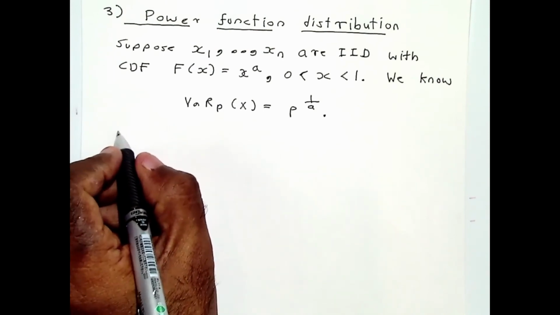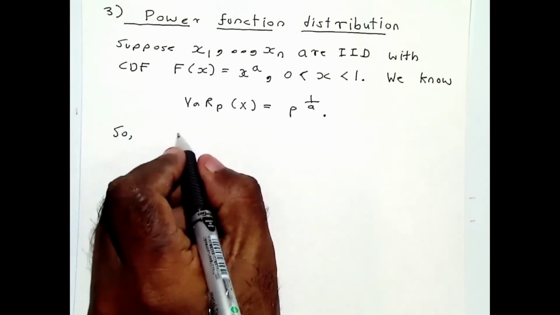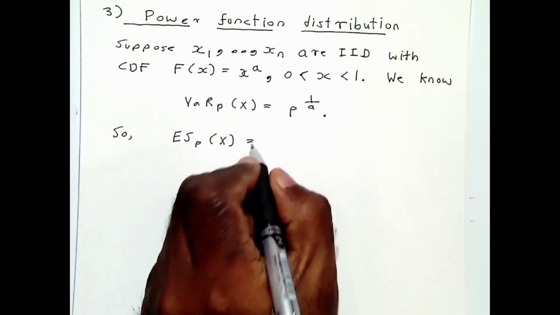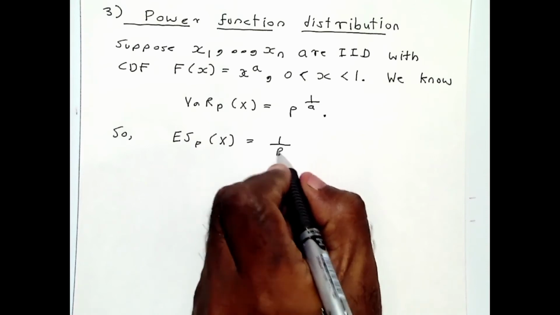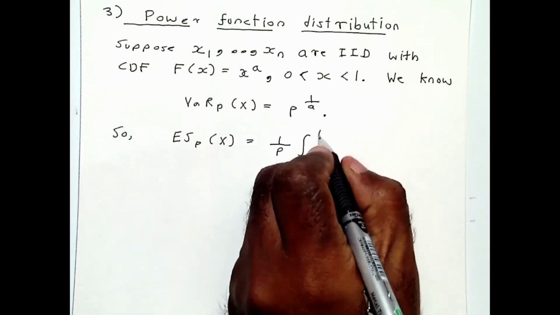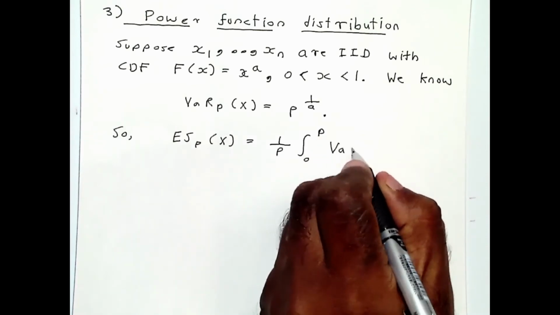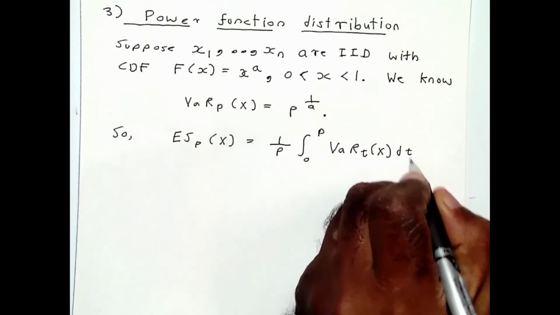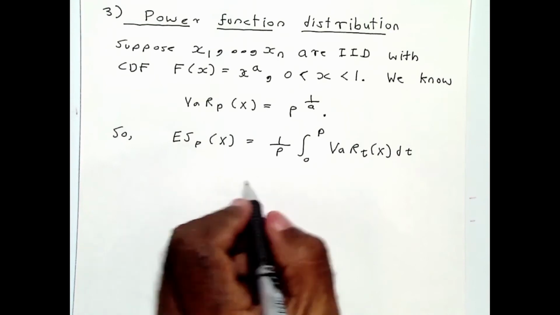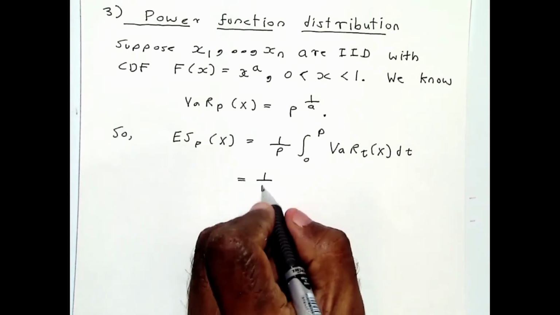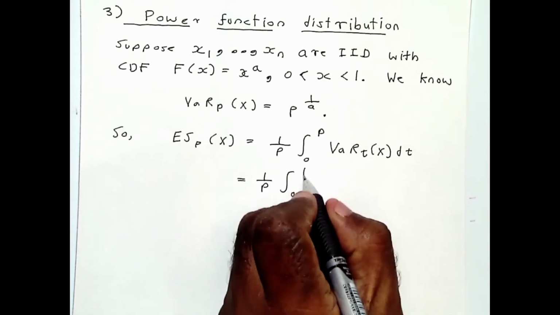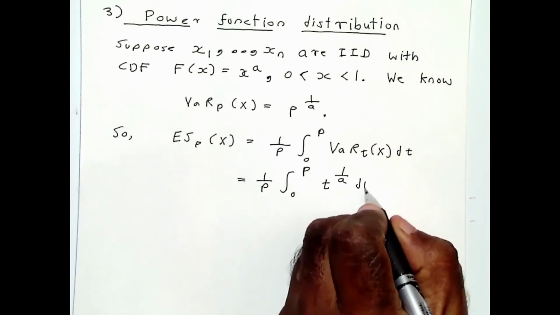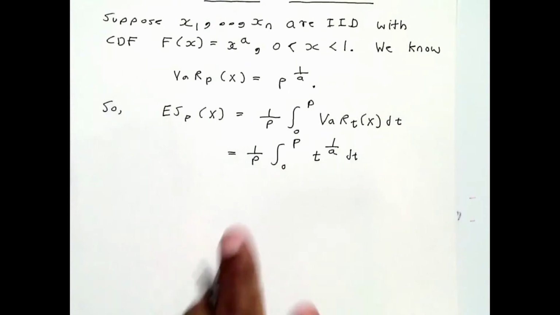Hence the expression for expected shortfall is 1 over P. Remember this formula. This is the formula for expected shortfall, which is 1 over P times the integral from 0 to P of T raised to the power 1 over A dt.